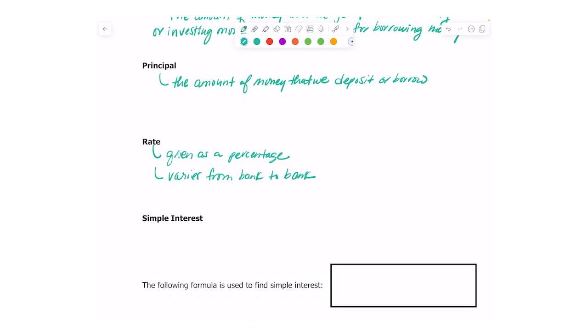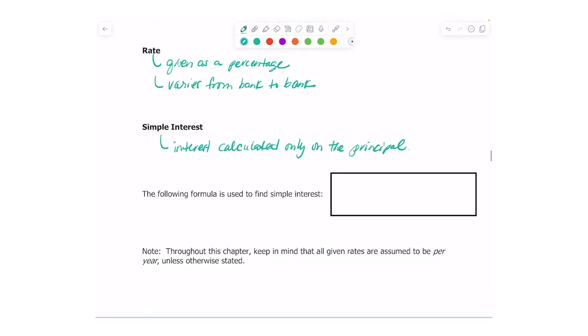We're going to look specifically in this section at simple interest, which is interest calculated only on the principal. To calculate the simple interest, all we do is take the principal times the rate times the time that we are borrowing money or investing money.